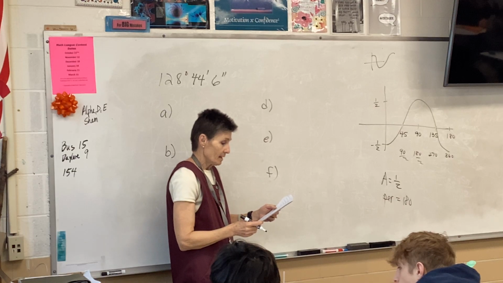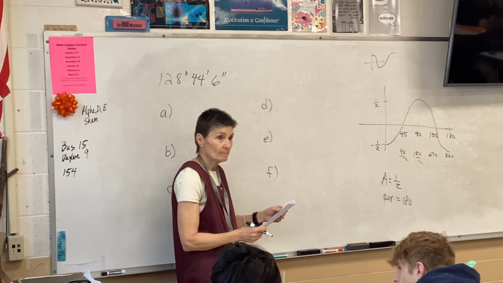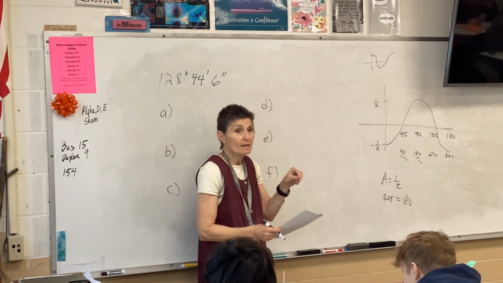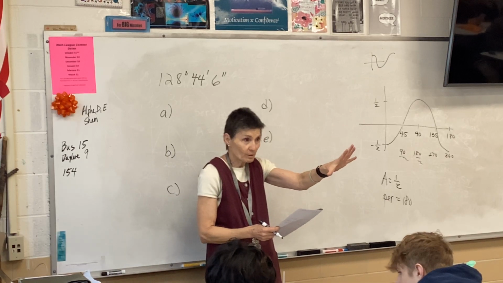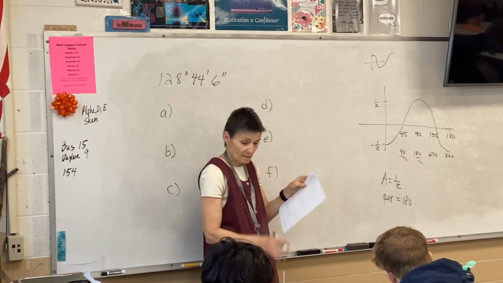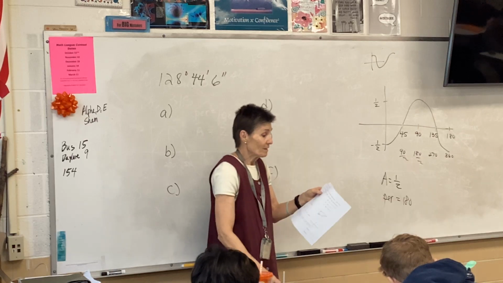B and C and E. How do we know those are in radians? They don't have a degree mark, right? If you got a degree mark, you're a degree. Otherwise, you're a radian. Since my calculator's in degrees, we'll go ahead and do all the degree problems.